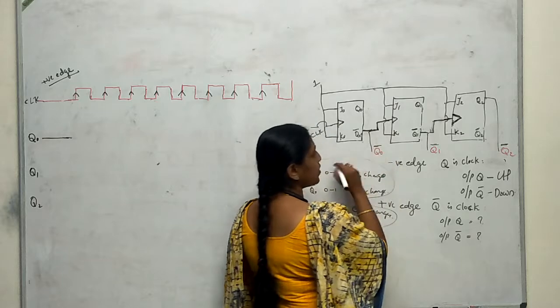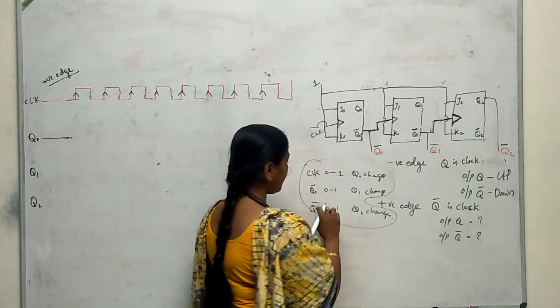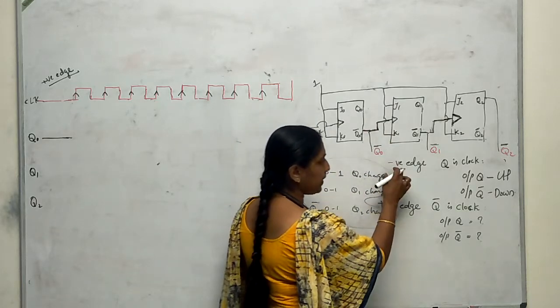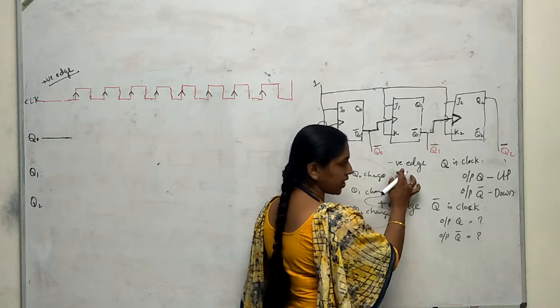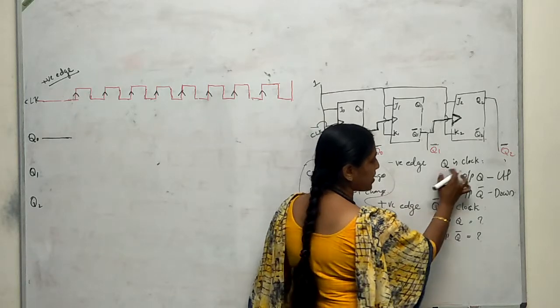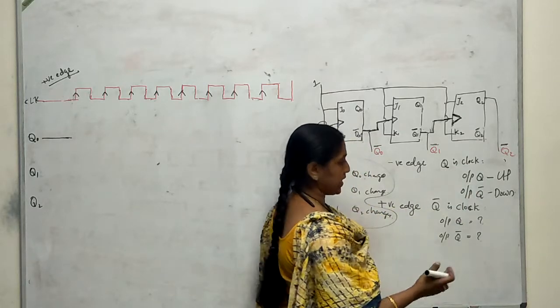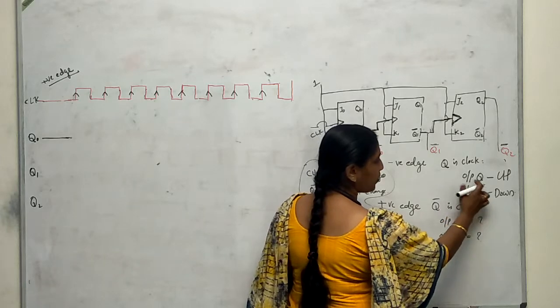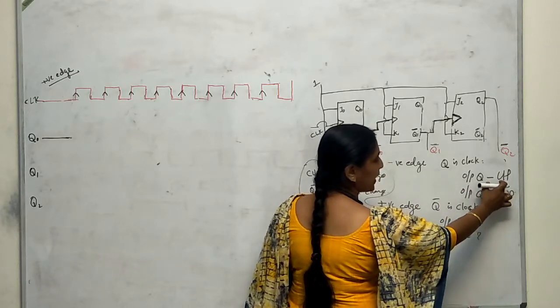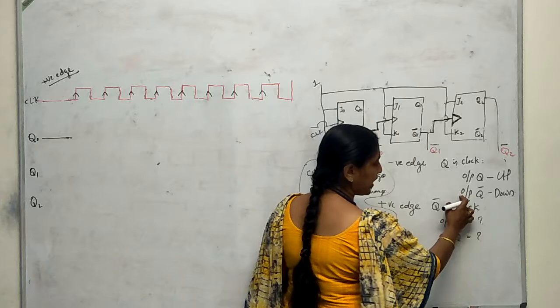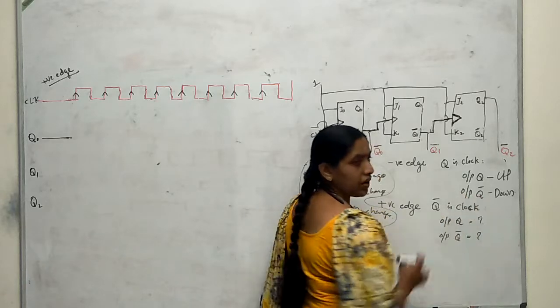In the previous case we took negative edge flip-flops and Q was given as the clock for the next state. If you take output from Q, you get an up counter, and if you take output from Q bar, you get a down counter.